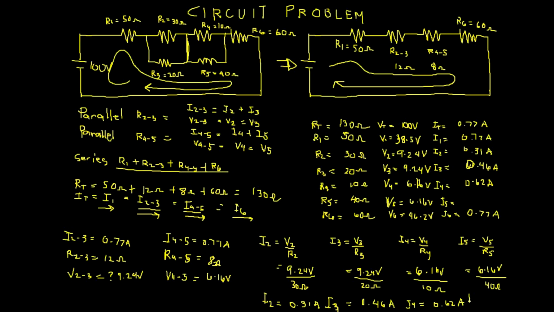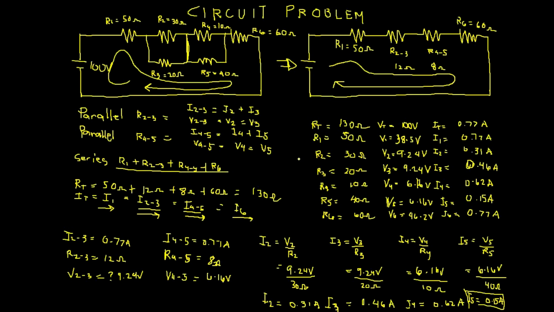So, ang I5 natin is 0.154 or 0.15 ampere. Yan. So, okay, kumpleto na natin tong mga current natin.